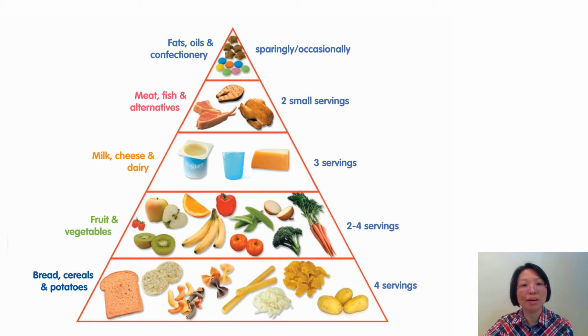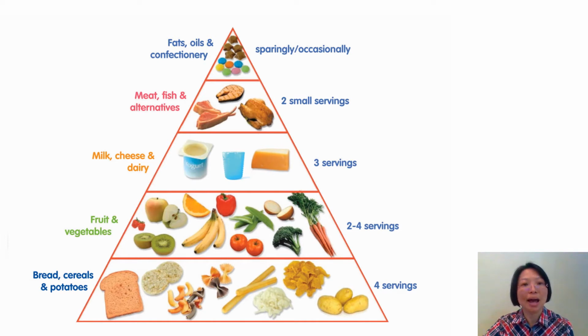And the fourth level will be meat, fish, and alternatives. These are the great source of protein for our body to help us to build our muscles. So this one, we should take only 2 small servings every day.